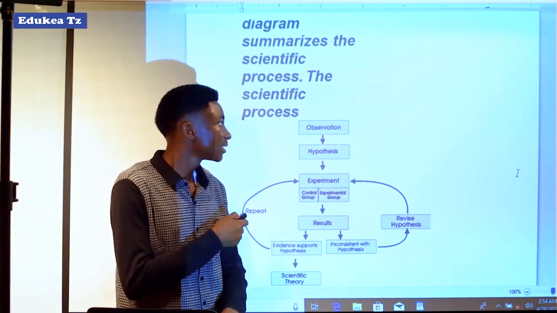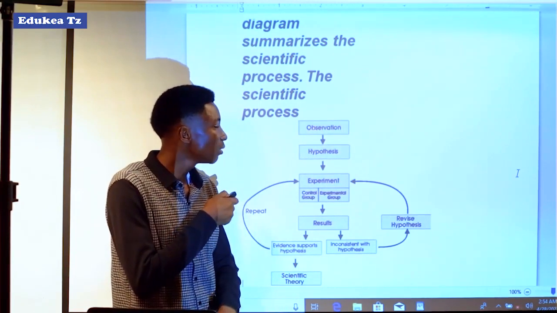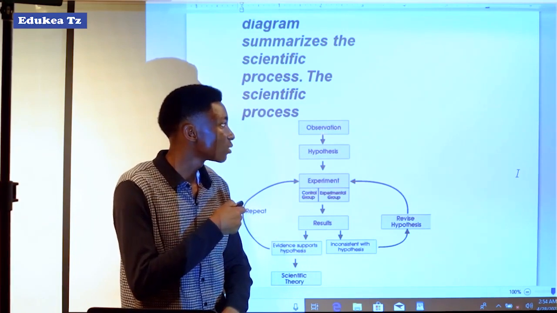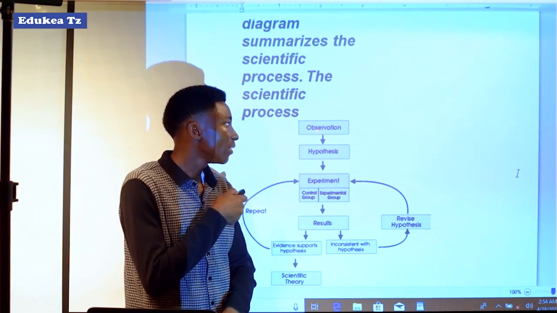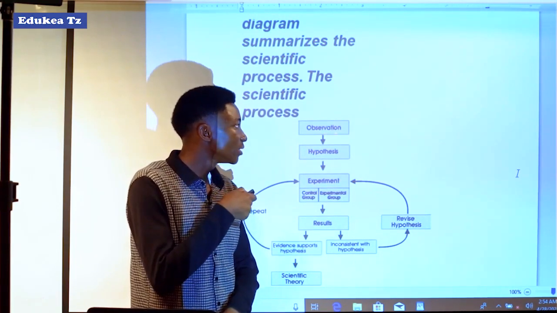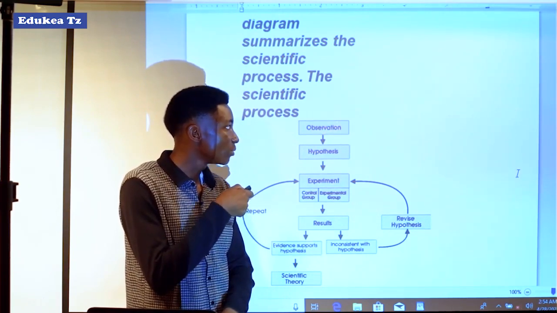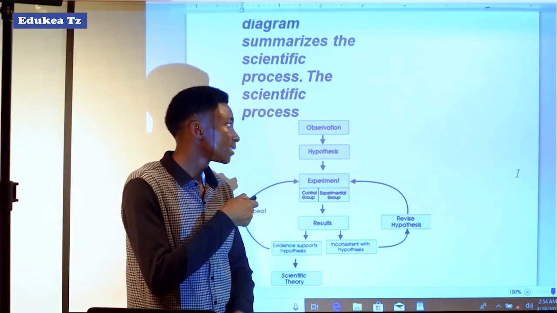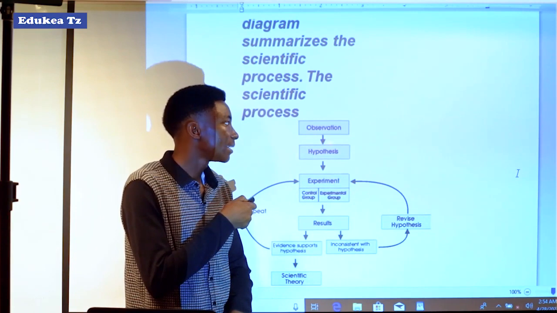As we say, the first was observation, and observation is done by the sense organs. Sense organs can observe the external environment, or everything that needs to be observed, such as the ears, eyes, nose, skin, and tongue.